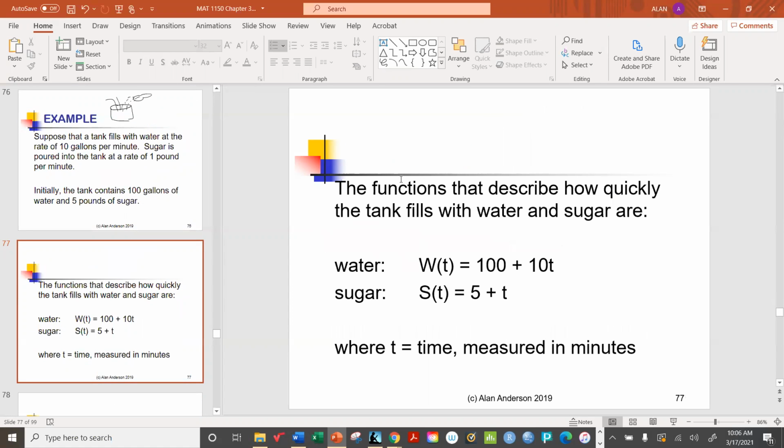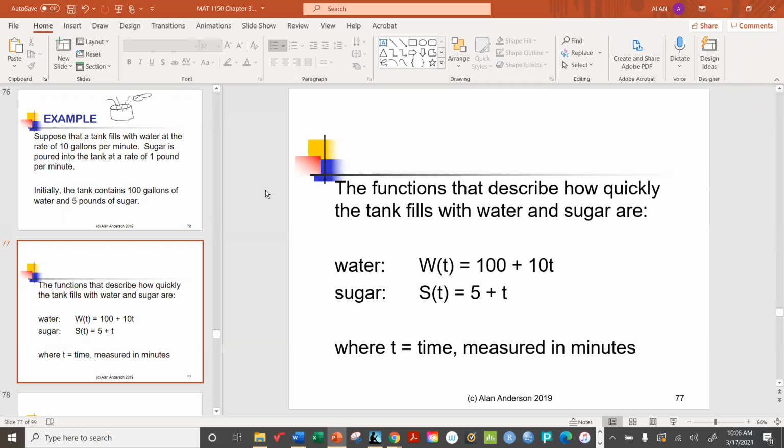Now, the following functions tell us how quickly the water fills into the tank. You notice how we start with 100, and then we add 10 gallons per minute. T is time, but it's measured in minutes. 100 is the starting point. So you can see this is a linear relationship: 100 plus 10 more gallons for every minute that goes by is how much water the tank contains.